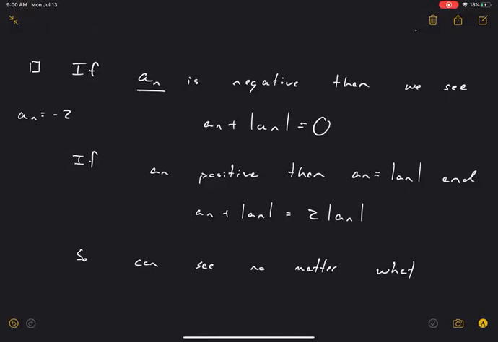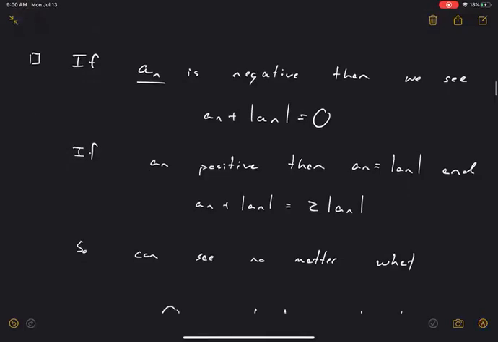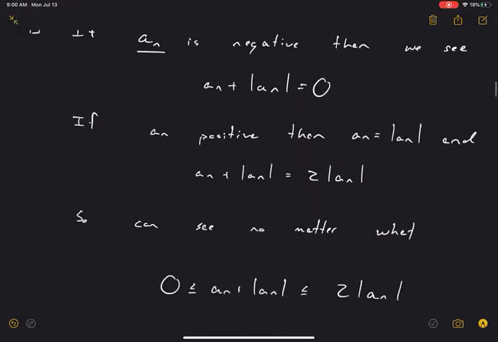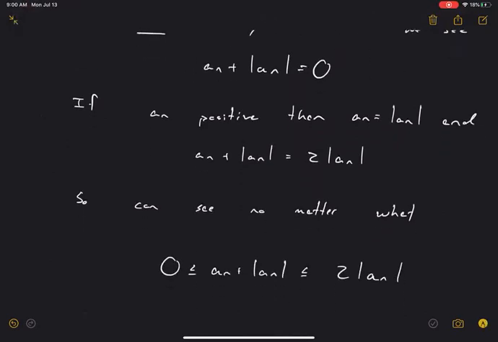And that's true for any negative number. So if a sub n is negative, then a sub n plus its absolute value equals 0. On the other hand, if a sub n is positive, then a sub n is equal to its absolute value, right? If a sub n equals 2, the absolute value of a sub n is still just 2.